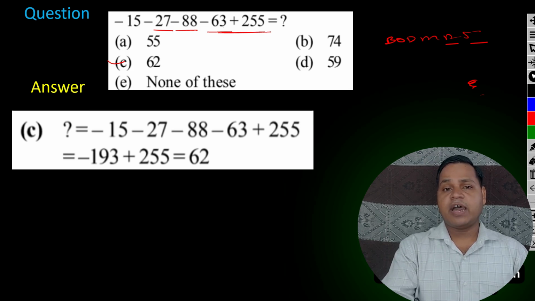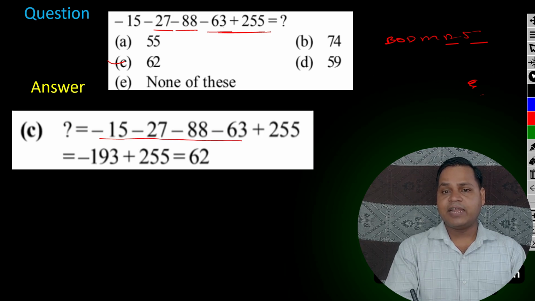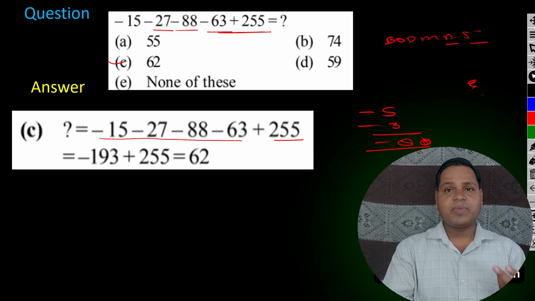So we add these first, and we solve all these negative terms together. After that we do the addition with 193 plus 255. Here the negative sign works in a similar way as addition, because if you add minus 3, this is not subtraction, this is addition with a negative sign. So it is like addition, but the sign is negative, and this is not a subtraction process.